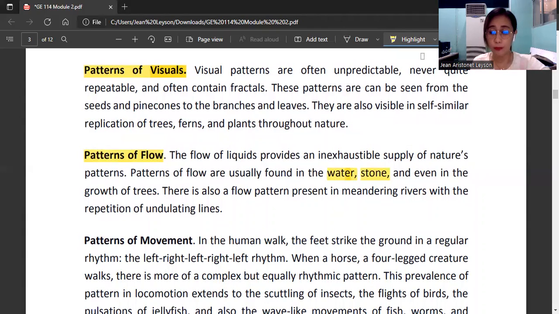So patterns of flow are in the water, for example in a river, it flows continuously, or it can also be seen in the growth of plants because there is a certain flow or a way on how it grows.